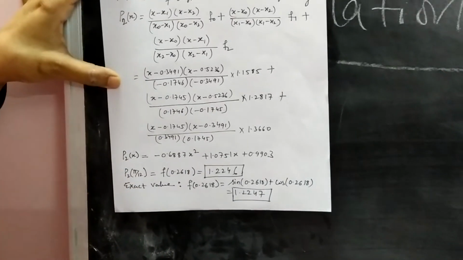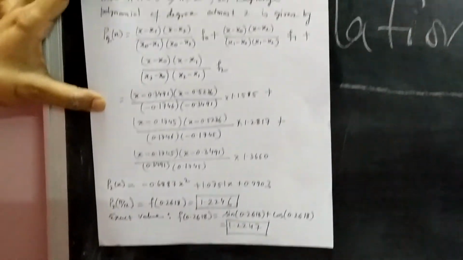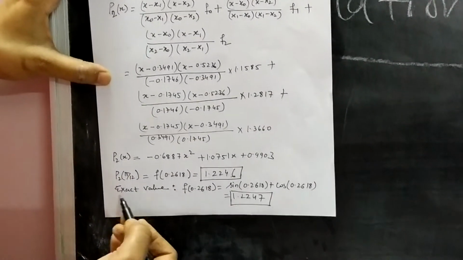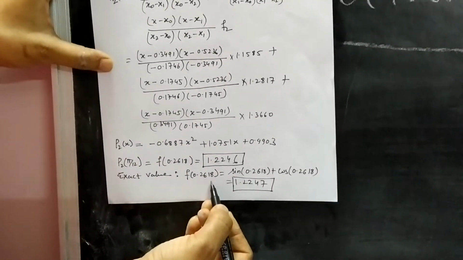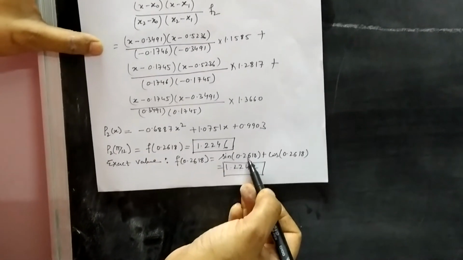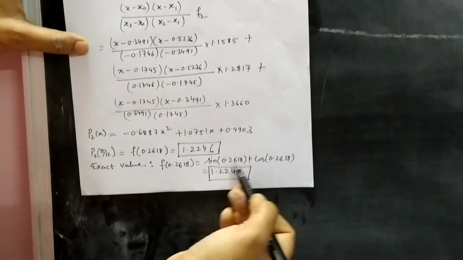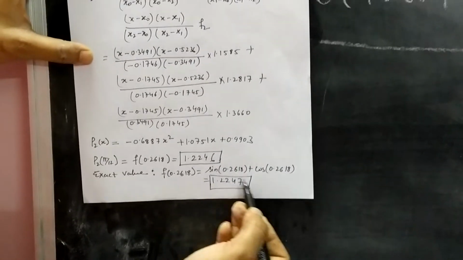Now it was asked that you validate this result against the exact value. Exact value means with the help of the given function: sine of pi by 12, and cosine of pi by 12, and after adding we get this value.